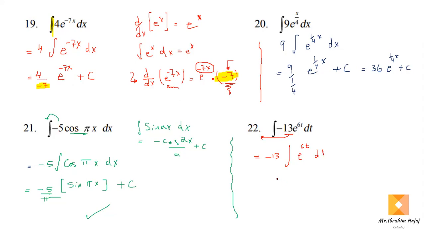What's the integral of e to the power of 6t? It stays the same, e to the power of 6t, and then we divide by 6, not multiply, because multiplying by 6 is in the derivative. Plus c. So it's negative 13 over 6 e to the power of 6t plus c.